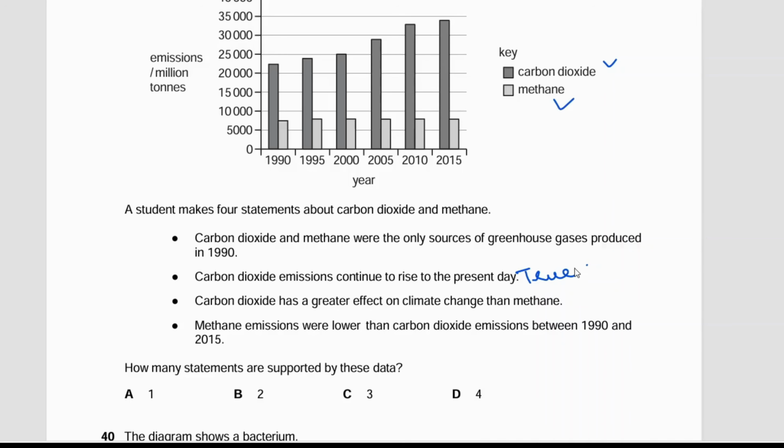Carbon dioxide has a greater effect. Okay, we are ruling out this. Methane emissions were lower than carbon dioxide emissions. No, this is incorrect. Only one. Yes, only this statement is correct. Okay, it's about percentages. If we talk about the percentages, it's not the same.